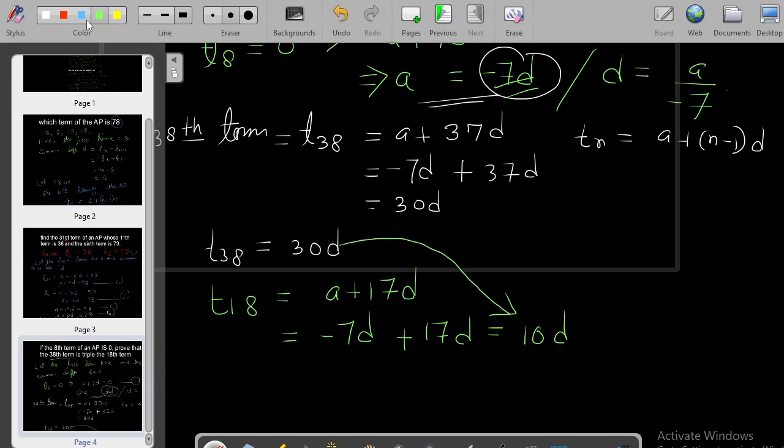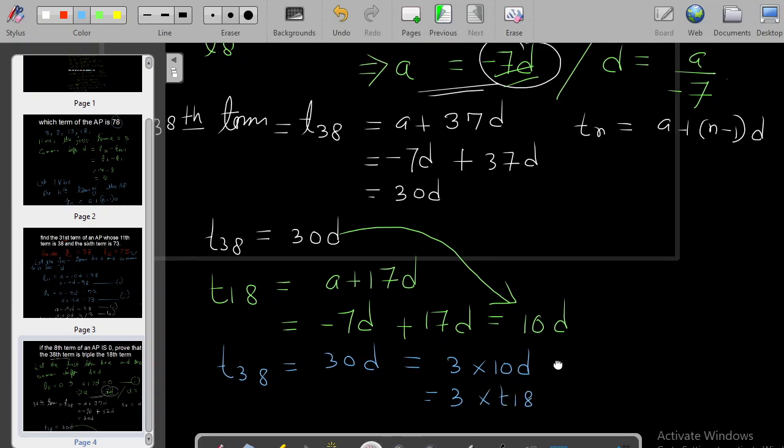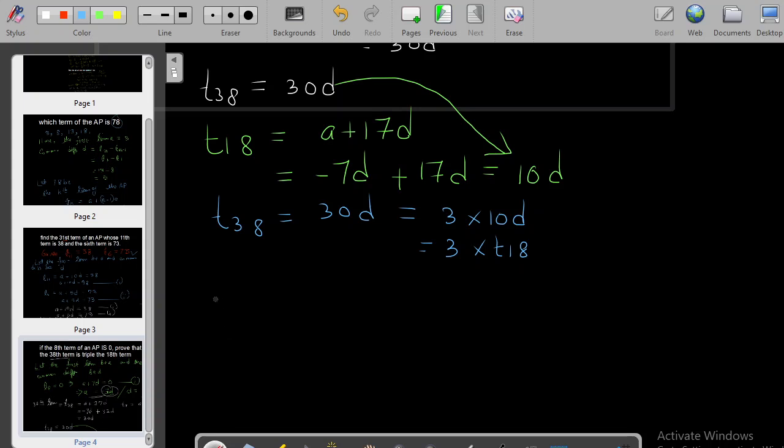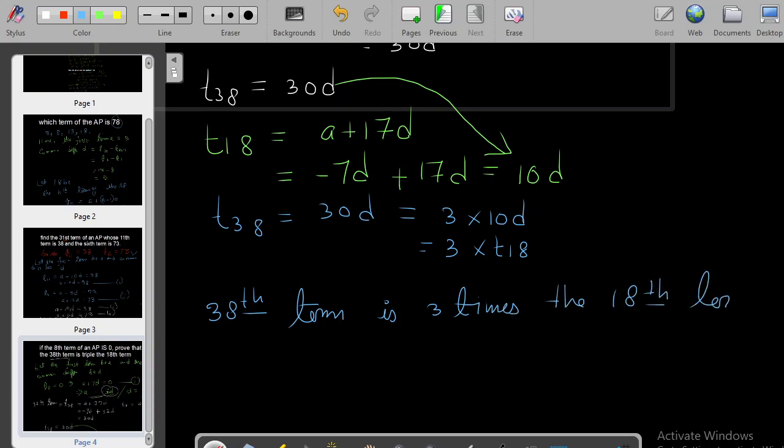Can't we write that? Yes, absolutely. The 38th term is nothing but 30D. We can write it as 3 into 10D. And what is this 10D? Nothing but T18. So the 38th term is 3 times the 18th term. Hence proved.